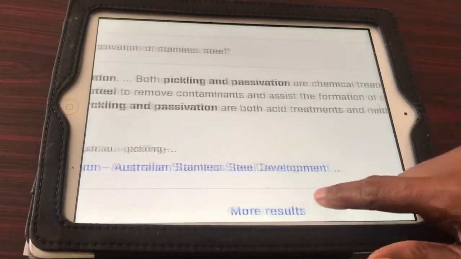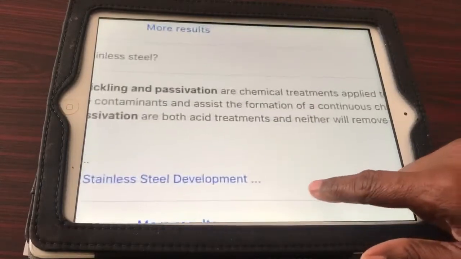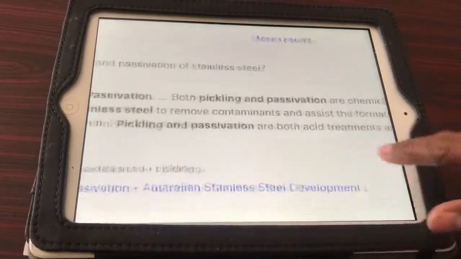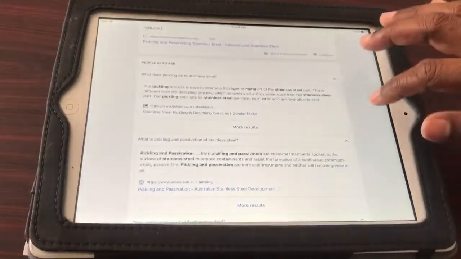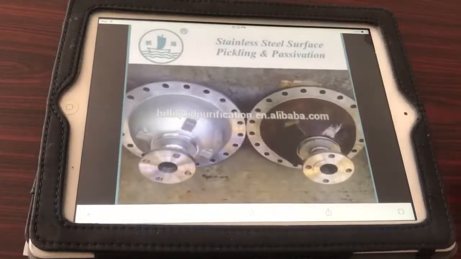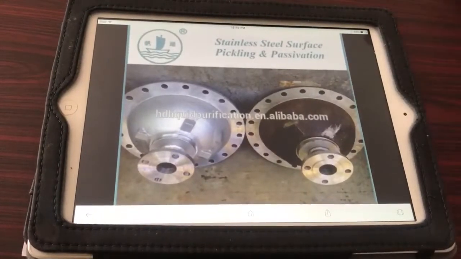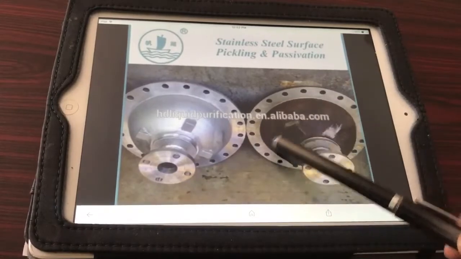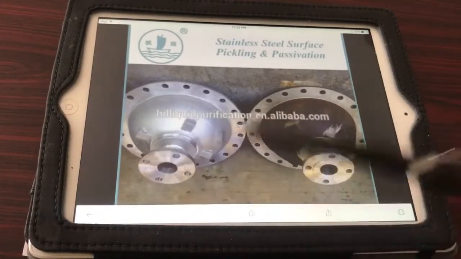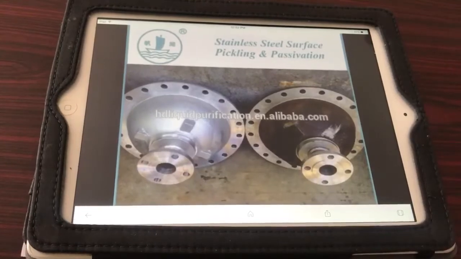Pickling and passivation are both acid treatments, and neither will remove grease or oil. So this is what pickling is. I have saved a picture for you: stainless steel without pickling, and here with pickling, it is very bright and shiny, isn't it?